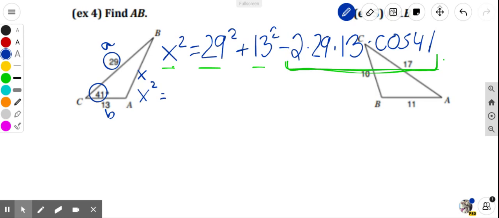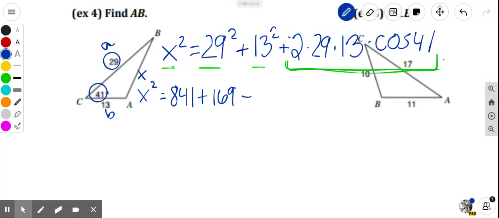So you can do the 29 squared and the 13 squared first, as you want to do exponents. So 29 squared is 841 plus 13 squared is 169. And then it's minus 2 times 29 times 13 times cosine of 41. Now you can either put that in the calculator as make this plus and put in a negative 2, or I usually just leave it as negative.